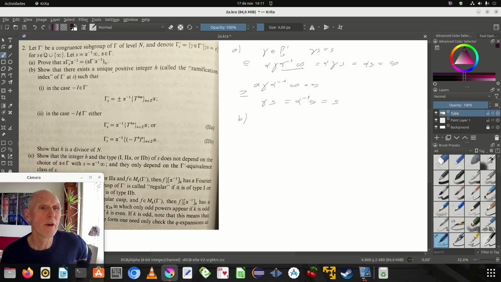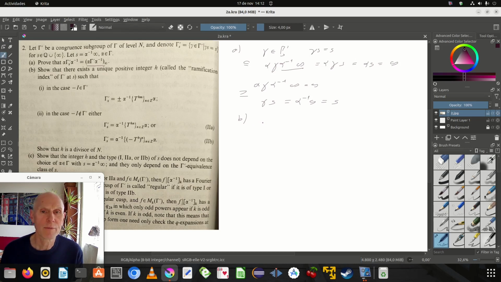I would rather, yeah, so we work on this. So given an element in gamma mark, then we see how it operates at infinity.